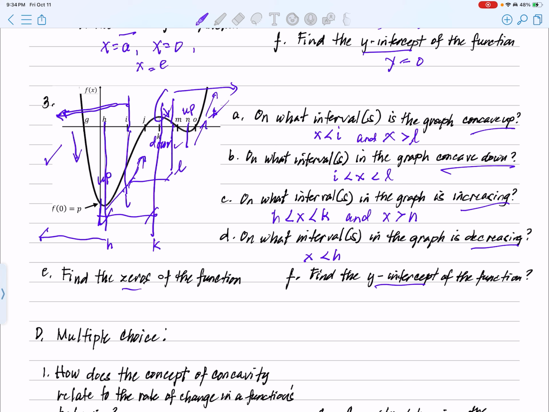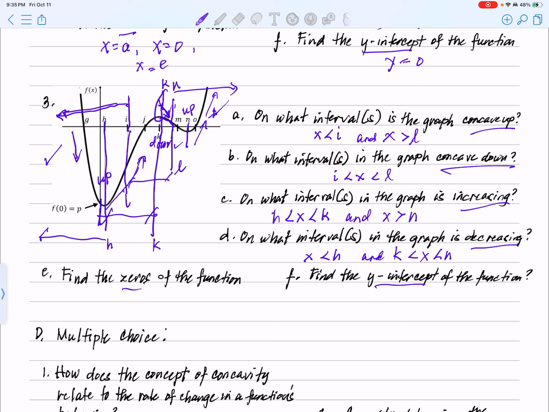So that's a small one right here, when the interval is between k and n. This is k right here, and this is n. So this small curve started to go down, started to decrease before it goes up.